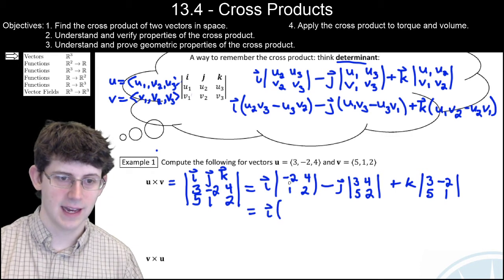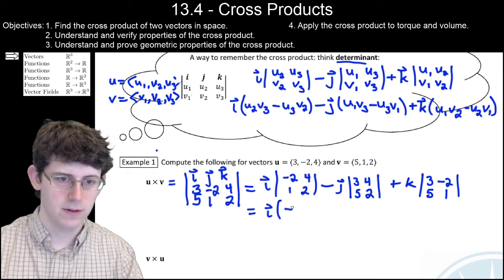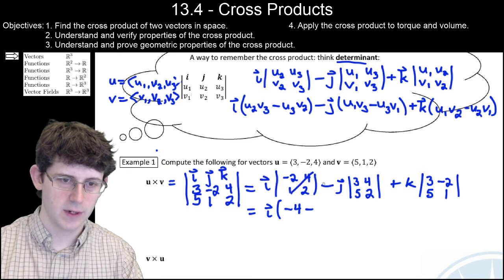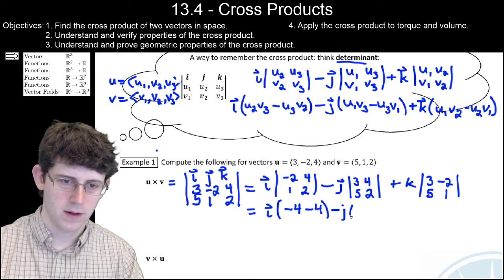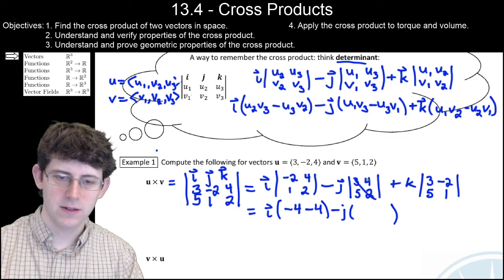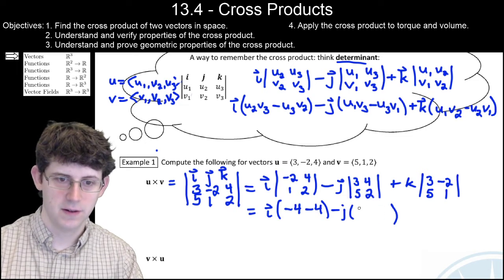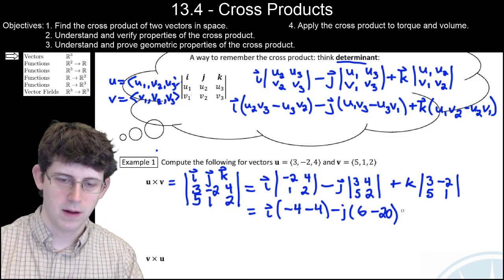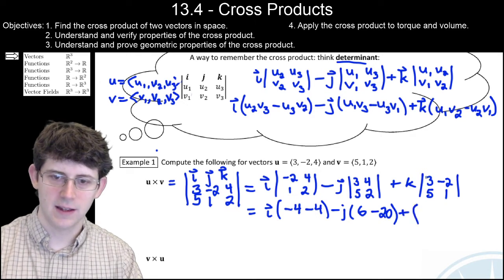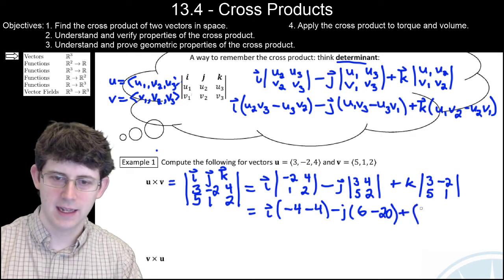Here's what's in the i slot: minus 2 times 2, minus 4 times 1. For j, I've got 3 times 2 minus 4 times 5. And for k, I've got 3 minus 10.